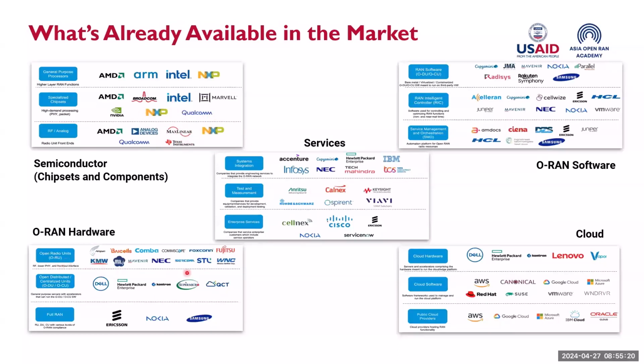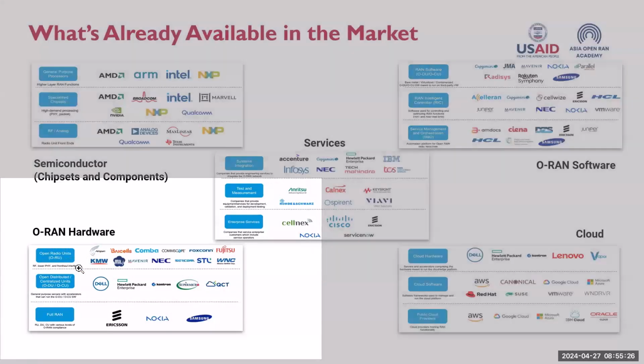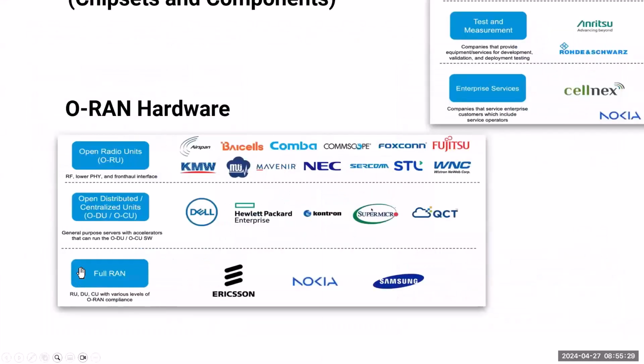In the O-RAN hardware, you will see some O-RU. These are the radio units. You can see different vendors like Airspan, Baicells, Comba, CommScope. If you're familiar with these brands or logos, Fujitsu are there, Mavenir, NEC, okay, and WNC or Foxconn.